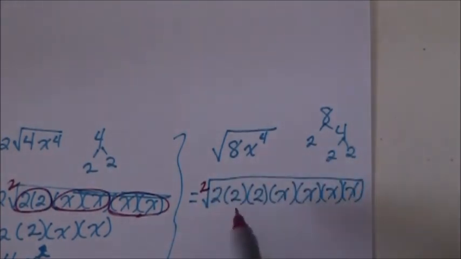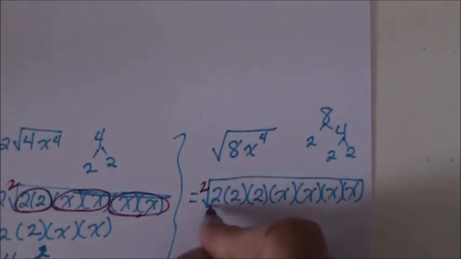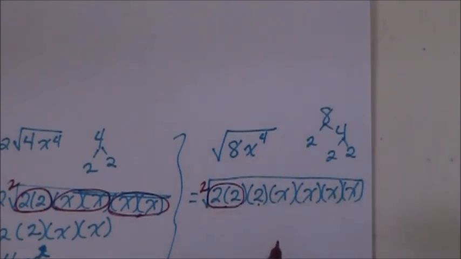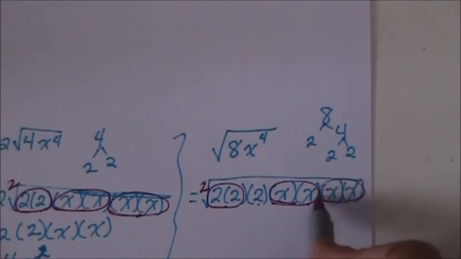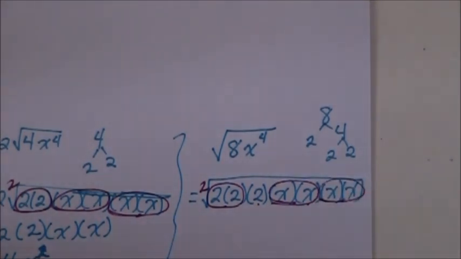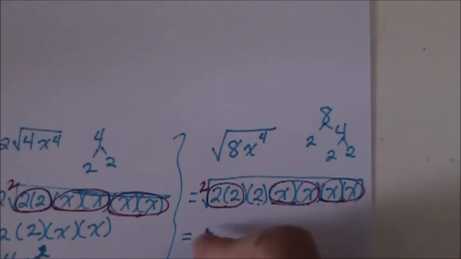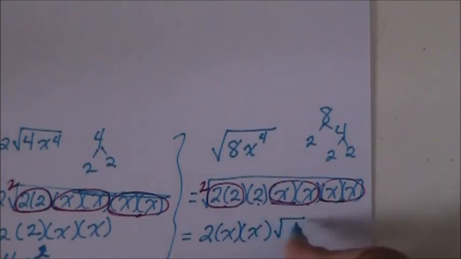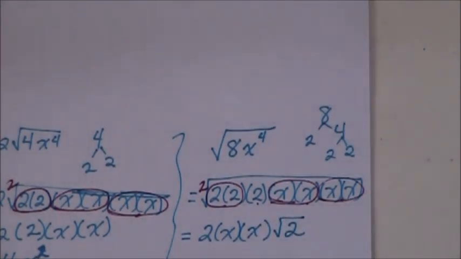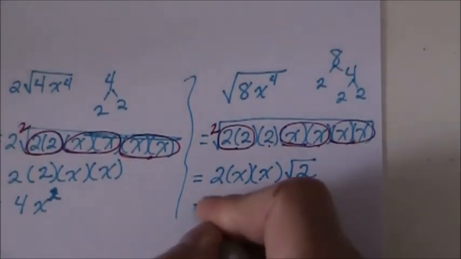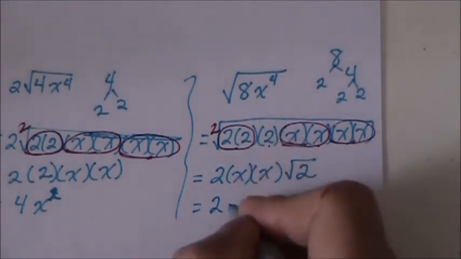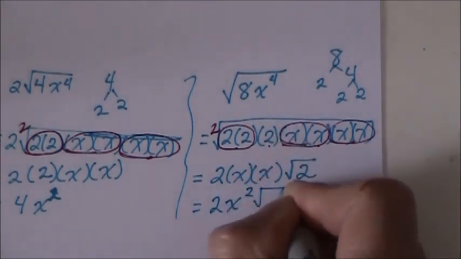So 2 of the same can be circled. 1, 2. These guys get to go together. Nobody for that 2. 1, 2. These guys get to go together. 1, 2. These guys get to go together. All circle groups get to move out. So I have a 2 on the outside. I have 1x from the first circle group, 1x from the second circle group, and left behind is the uncircled 2. X times x is x squared, square root 2.